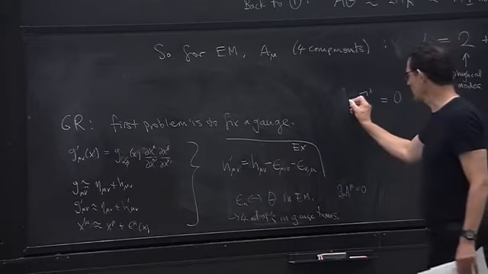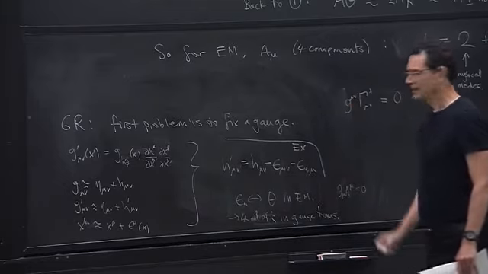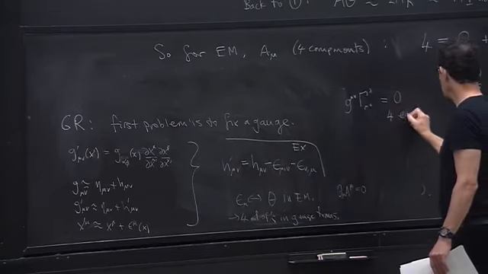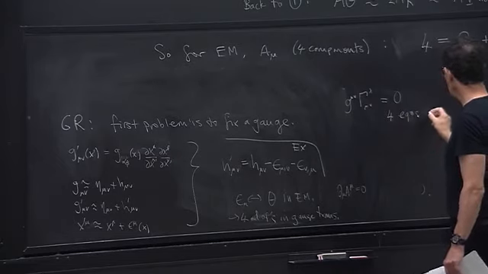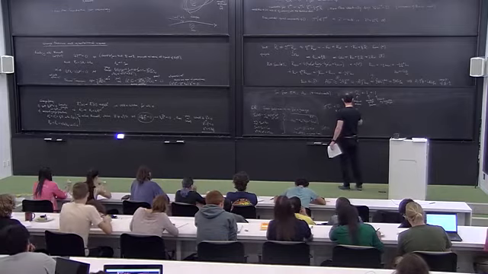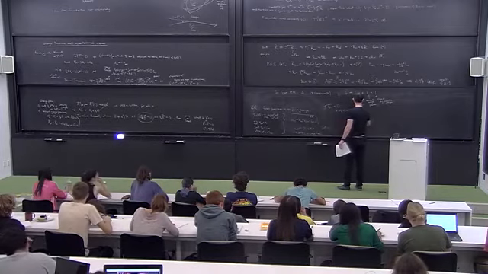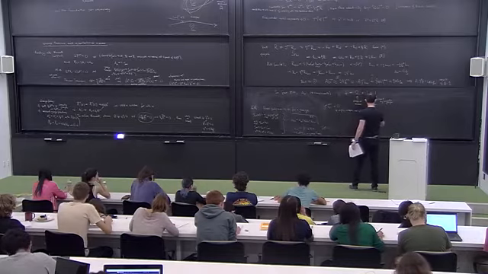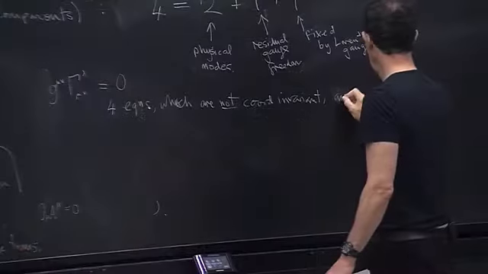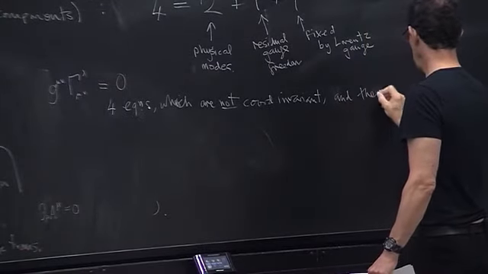Yeah, just write this down. There are 4 equations. Lambda 0, 1, 2, 3. Right? So these are 4 equations which are not coordinate invariant, and therefore fix the gauge.